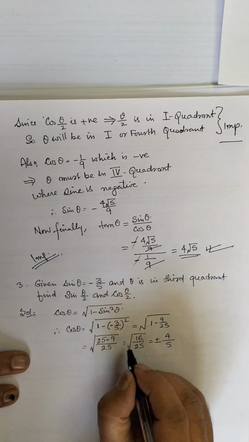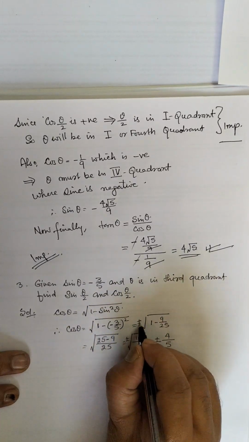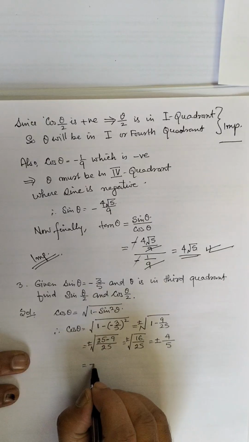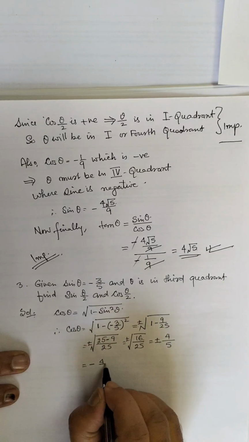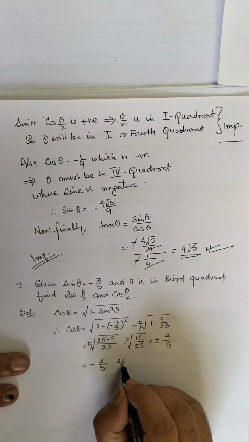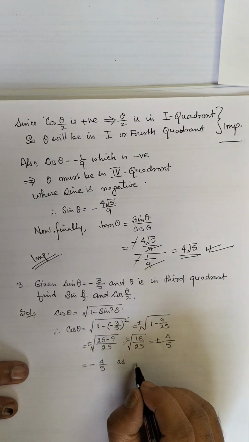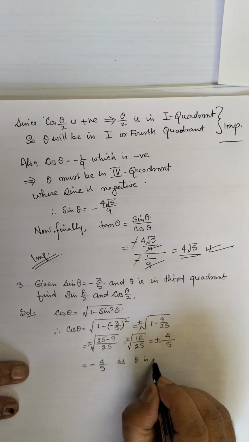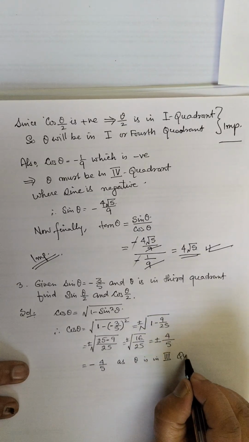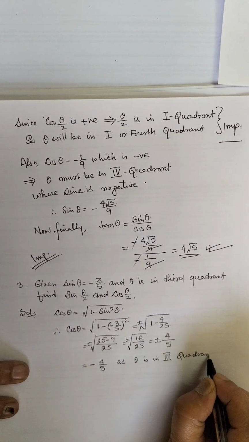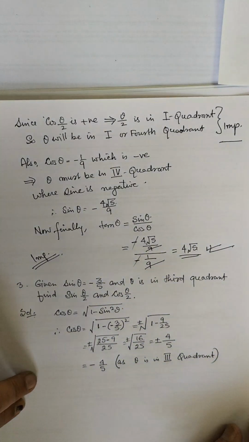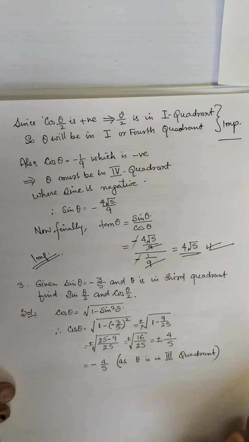These are all plus or minus because they are the square root. Now we will take minus 4 by 5 as theta is in third quadrant and cos in third quadrant will be negative.